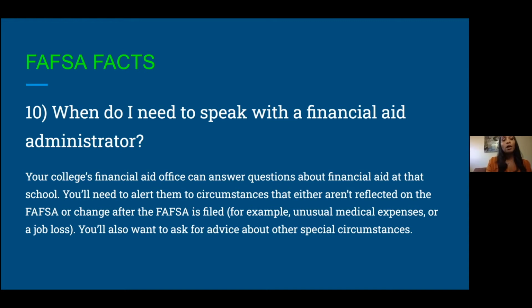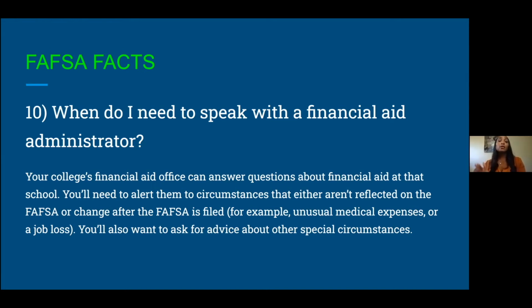Okay. You'll need to alert them. This is very important, especially if circumstances have changed once you fill out this FAFSA application. Let's say, for example, when you filled it out, your mother had a job, and a month or two after you submitted it, she doesn't have a job anymore.